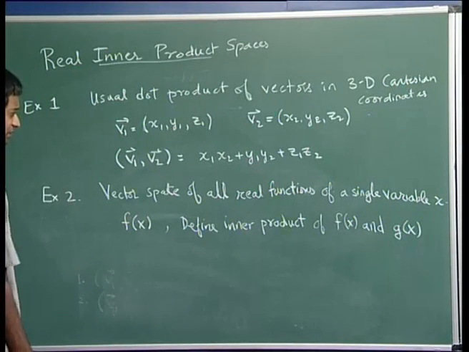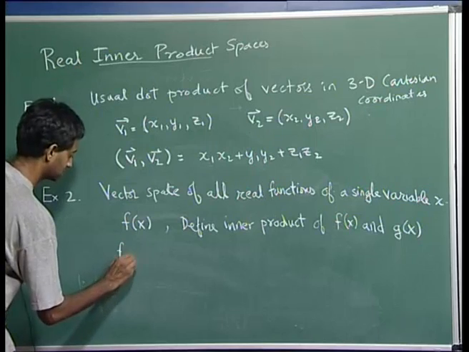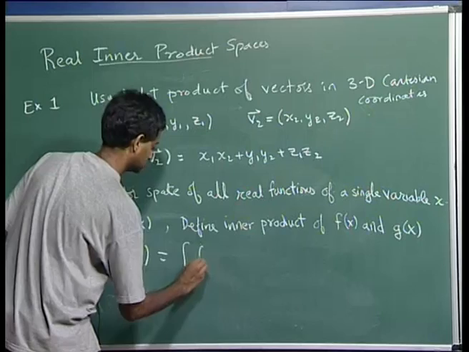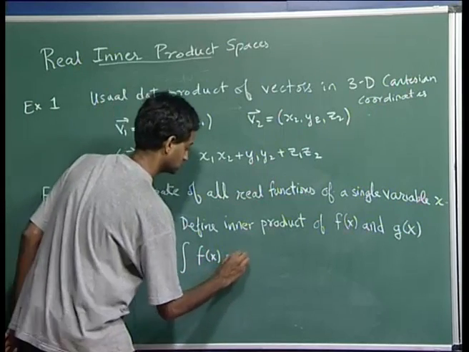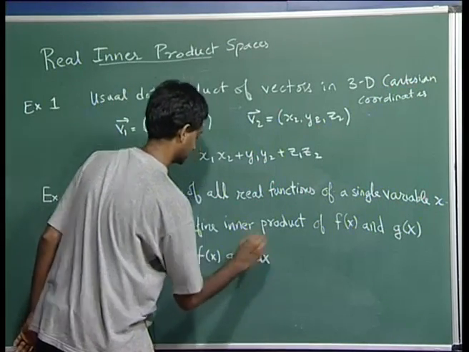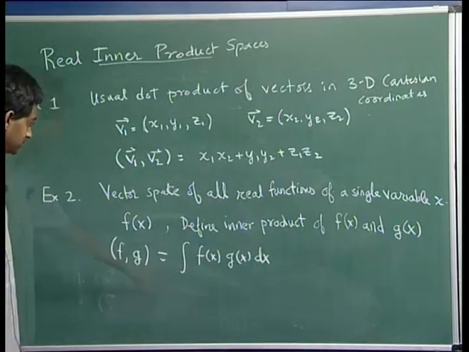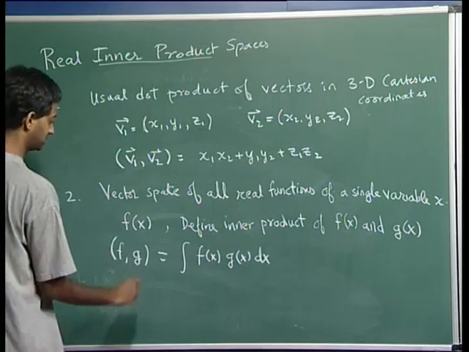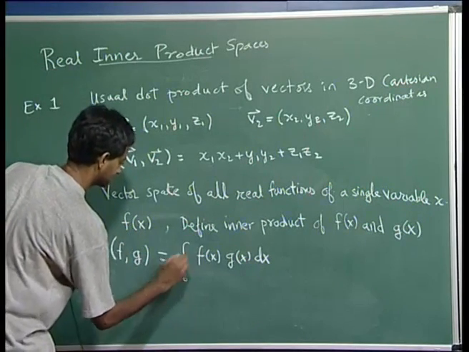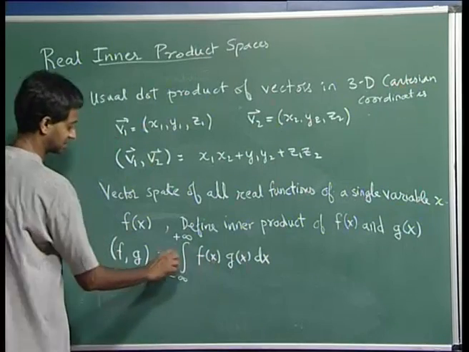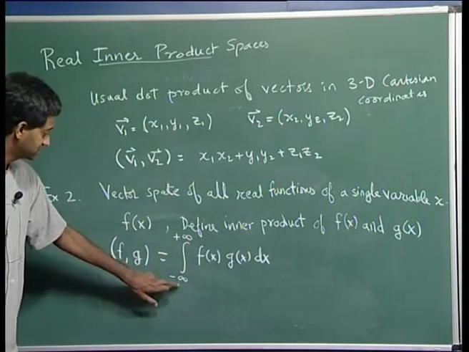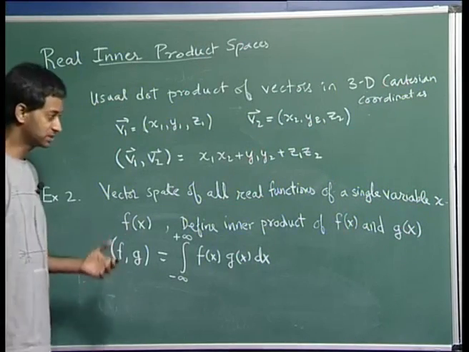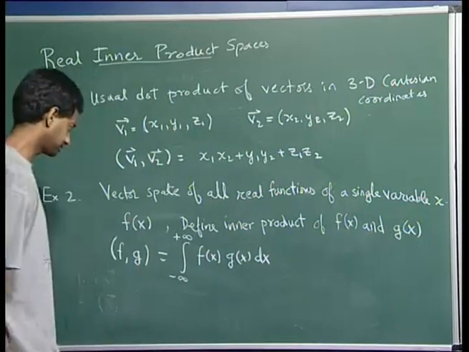Now, we define the inner product of f of x and g of x in this form: f comma g is equal to integral f of x g of x dx, okay, over the range of x. So if x goes from minus infinity to plus infinity, then this would be the range of integration. So now the question is, is this a valid inner product?